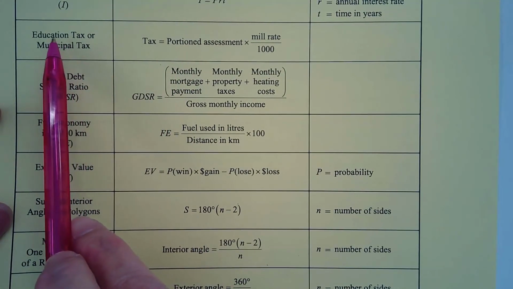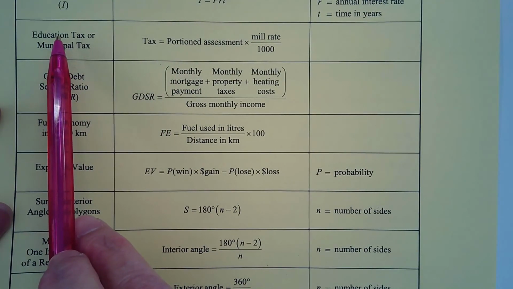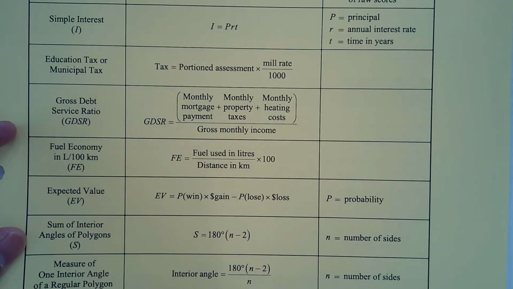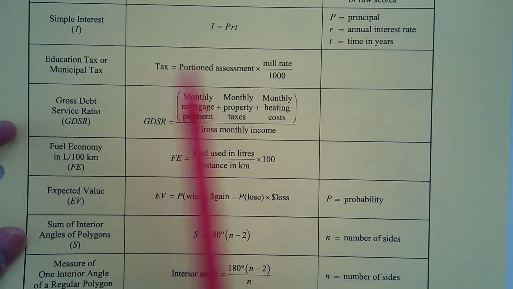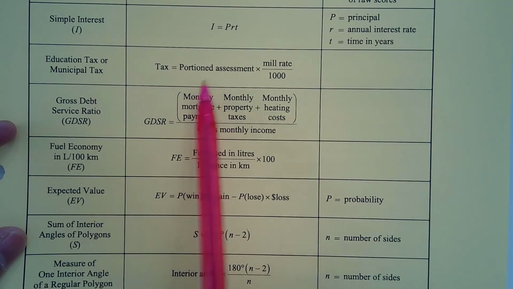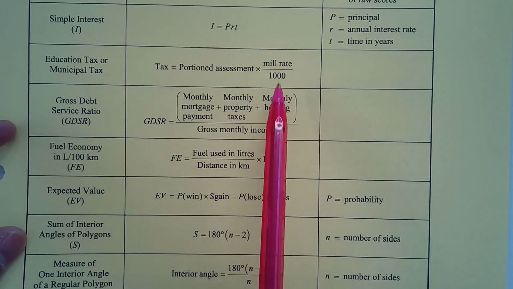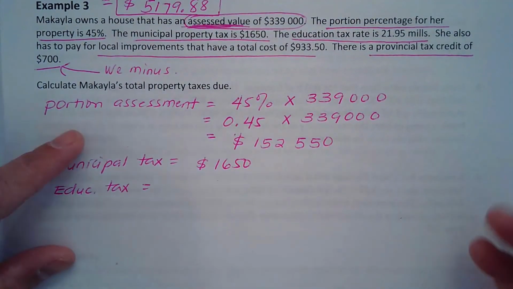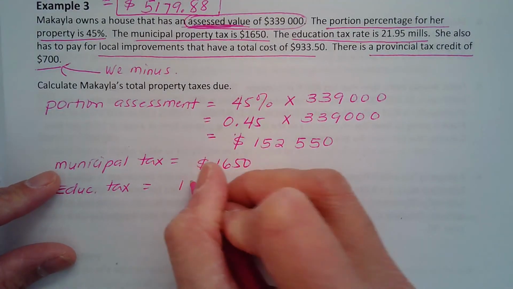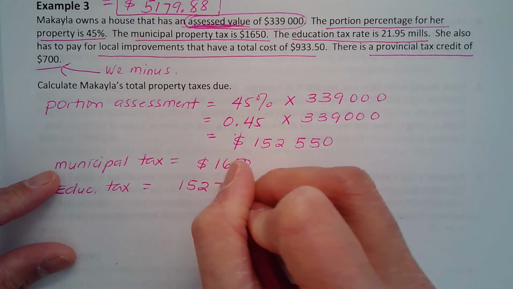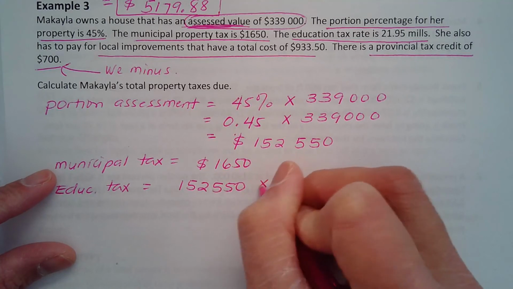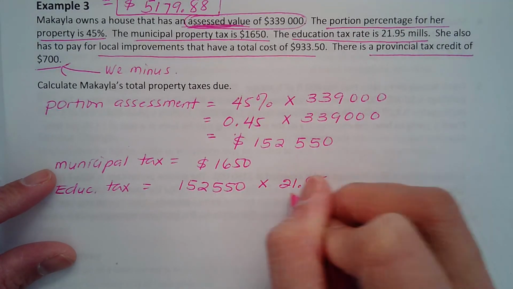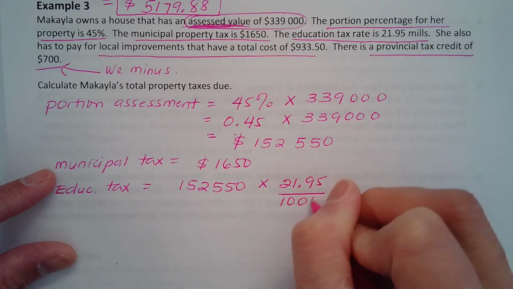If you want to do a municipal tax or education tax, on your formula sheet it says you need the portion assessment times the mill rate divided by 1,000. So what's our portion assessment? We got that: 152,550 times the mill rate, 21.95 per 1,000.